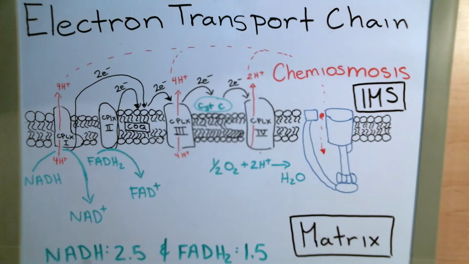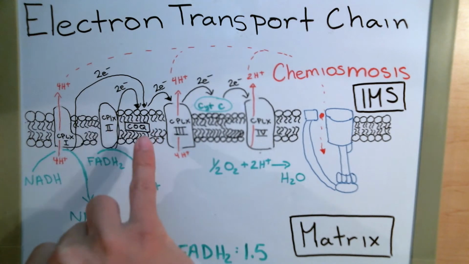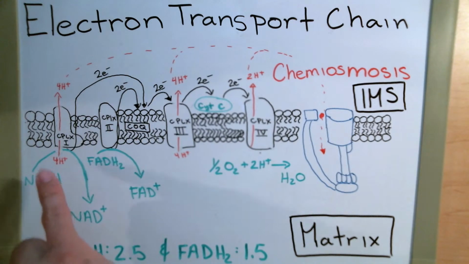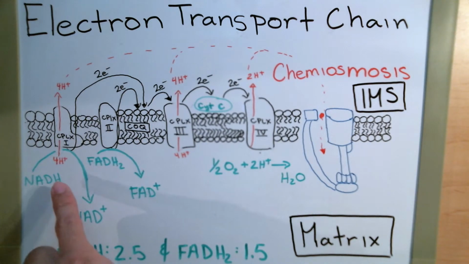So how does this happen? It happens by placing NADH and FADH2 through electron carriers, which will oxidize them to NAD+ and FAD+ respectively. As we displace these electrons, we also displace protons from one side to the other.